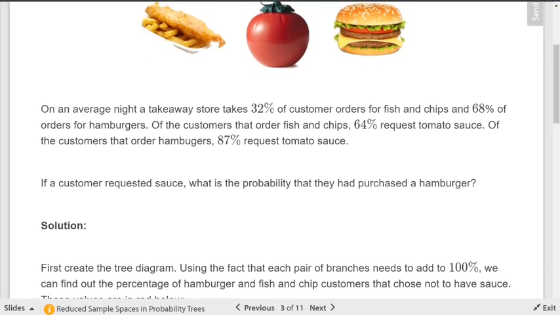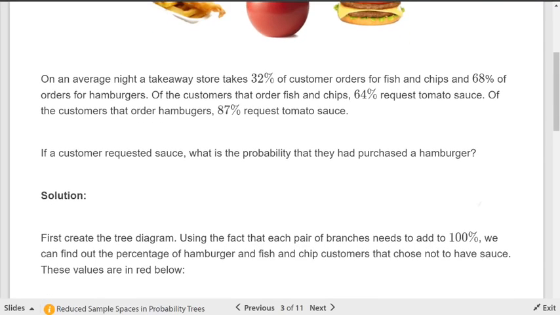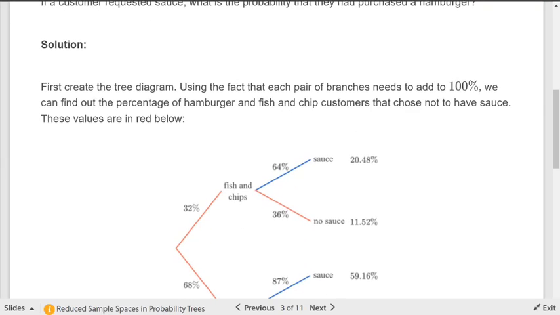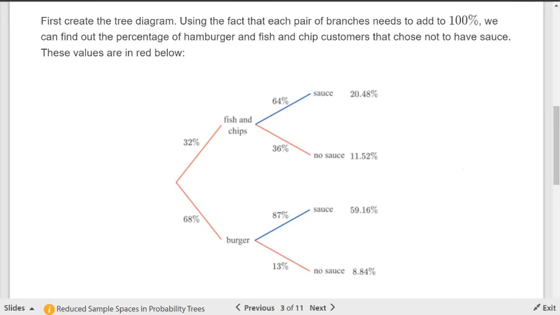So first, create the tree diagram. Now, they didn't give you all the probabilities for everything, but remember that adding the two branches of them together always has to make 100%. So from that, we can fill in the pieces that they didn't. So, for example, if they told us 32% for fish and chips, then we know 68. Well, they gave us those two, didn't they?